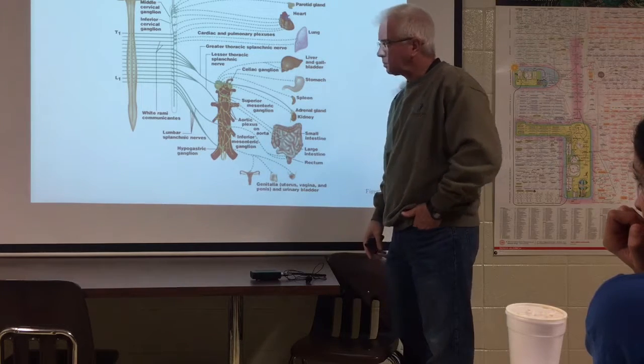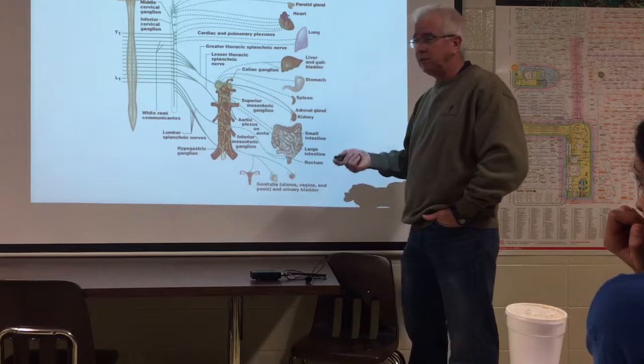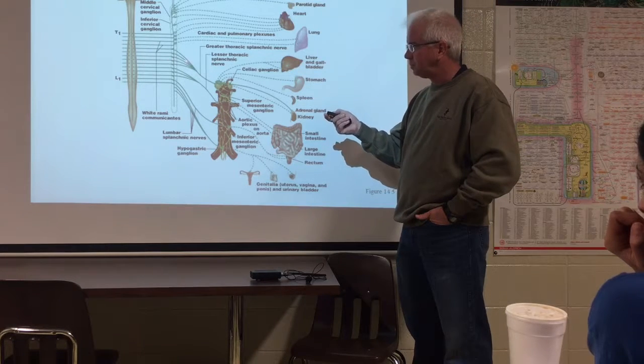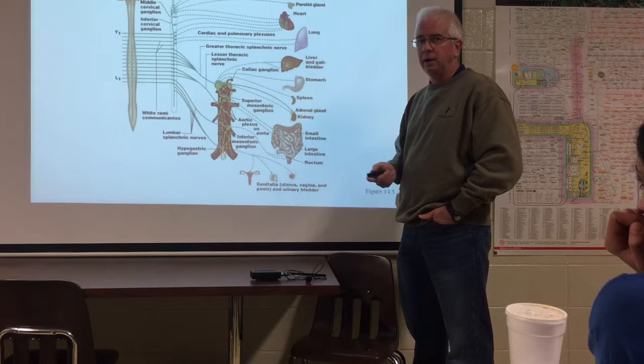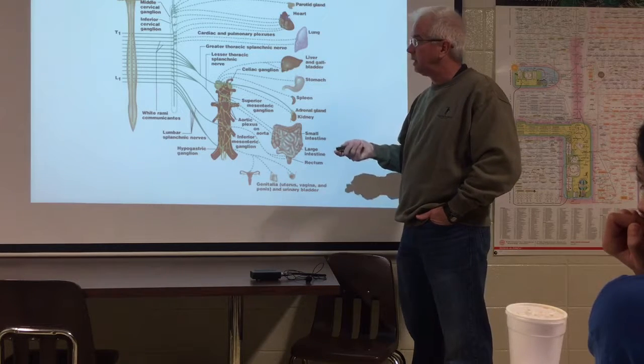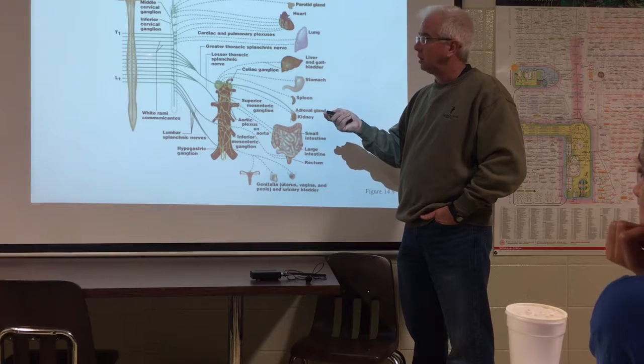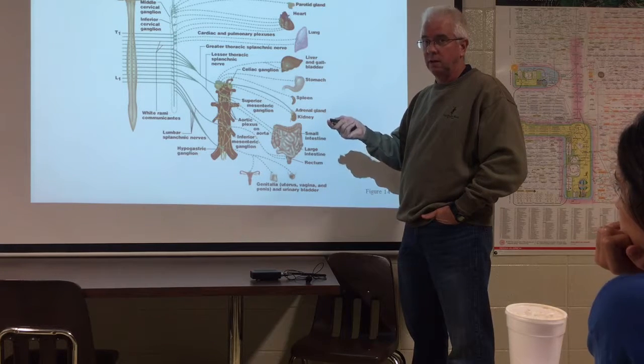But there are exceptions. And you can see them here. Can you see how the white rami here continue through the ganglia here in several of the divisions without synapsing? You guys see that? So the best model for sympathetics for short-long is really in the upper divisions of the thoracic cord.